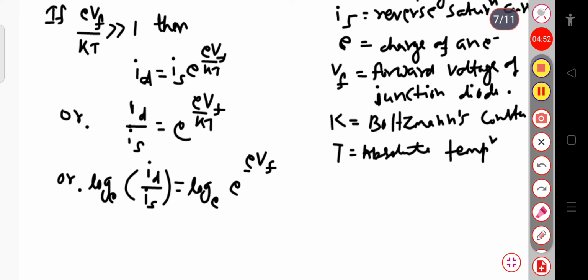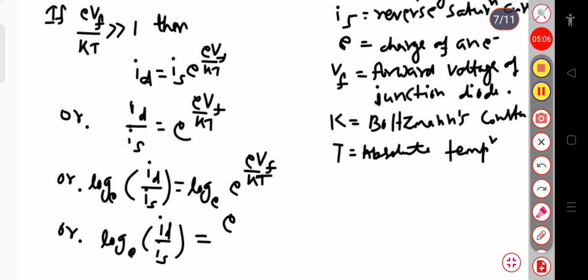And you know log base e of e is 1, so log base e of ID by Is will be simply EVF divided by KT, because log e base e goes to 1.